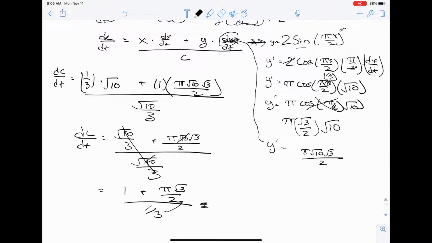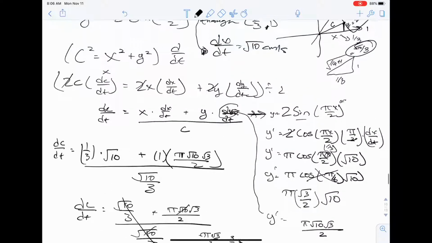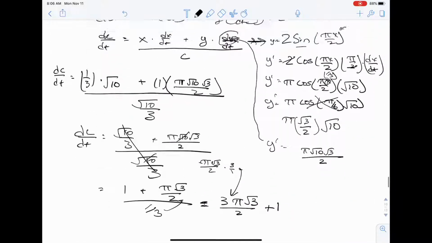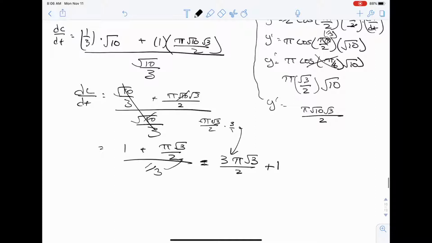This would flip, because if you're dividing by 1/3, the 3 goes on top, so you're left with 3 times pi square root of 3 over 2 plus 1. And the unit of time would stay the same, so this would be centimeters per second. So this right here is your answer.